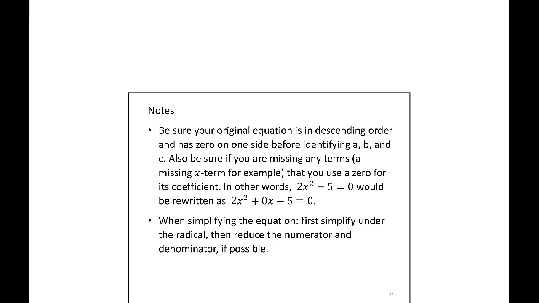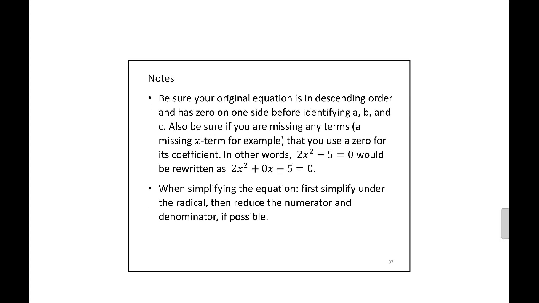Also, make sure that if you're missing any terms, a good example is missing an x term, then we actually have to fill those in. We have to use zero coefficients to have those before we can actually identify a, b, and c. Now, whenever we're simplifying our expression to actually determine what our solutions are, we need to simplify our radical first and then reduce if possible, as we've done previously.